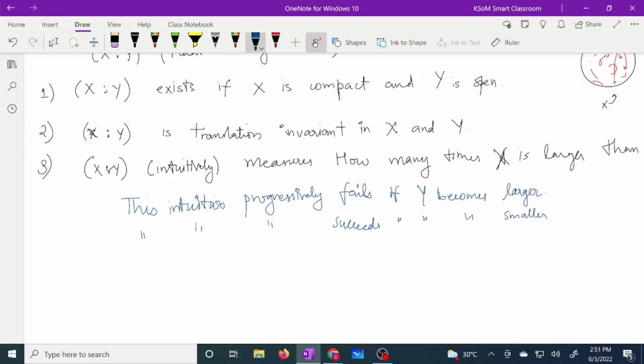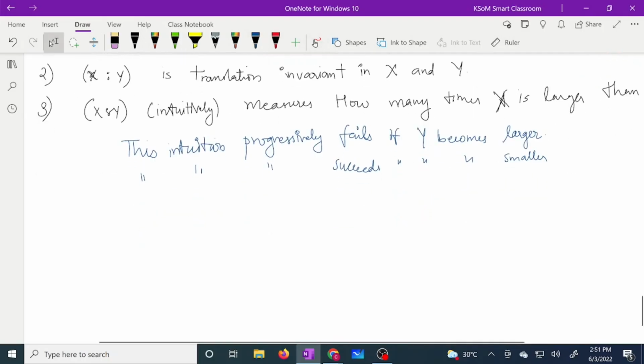So we would ideally require y to go to 0, y to become as small as possible, and then in that limiting process we will expect what we are getting to be some form of a measure of x, of the size of x.